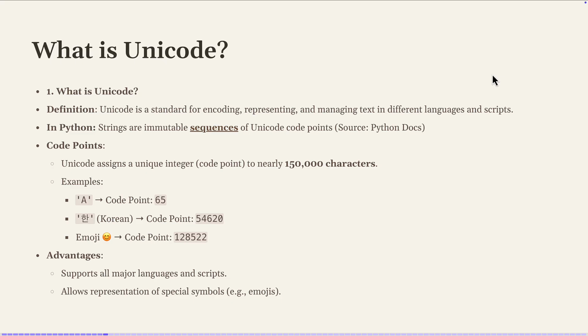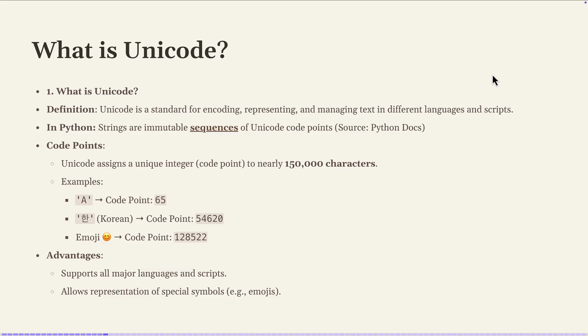So what is Unicode? Unicode is the standard for encoding, representing and managing text in different languages and scripts. Every character for every language has a Unicode number. And in Python, strings are considered immutable sequences of Unicode code points. So already strings are considered a sequence of Unicode numbers, or what we call code points.